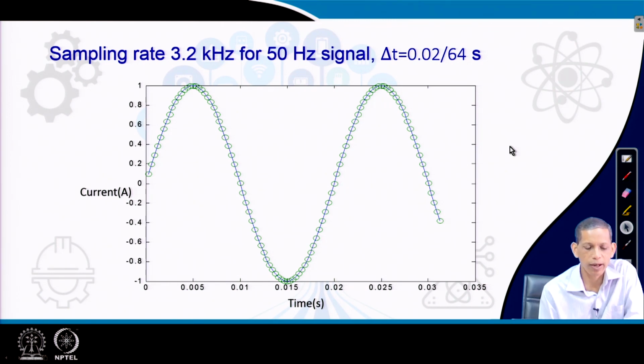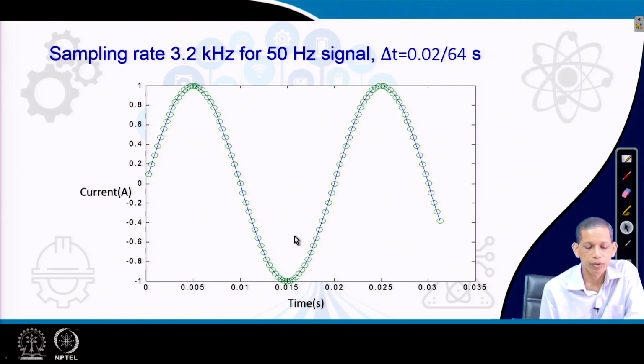Now, come to a higher sampling of 3.2 kilohertz, much more than the 1 kilohertz first example. For the same 50 hertz signal, delta t corresponds to 0.02 by 64, which implies 64 samples per cycle. So, the number of samples in one cycle becomes much higher.